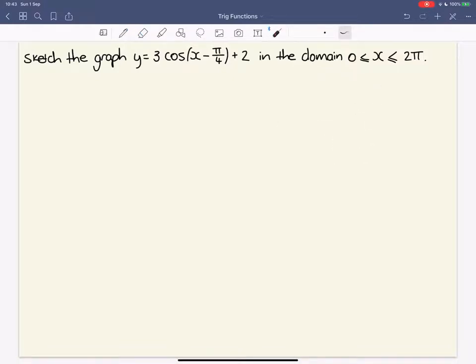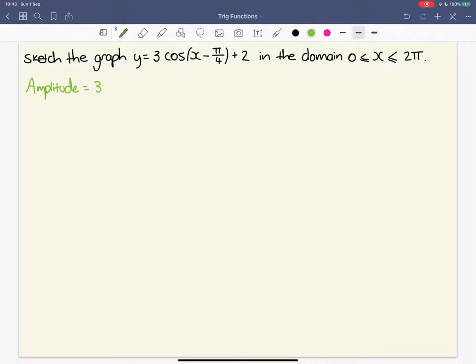So looking at each position, we know that this is the A position, this is the B position, this is the C position, and this is the D. By now, we should know what each of those positions mean. The A position is amplitude. So we know the amplitude is 3.